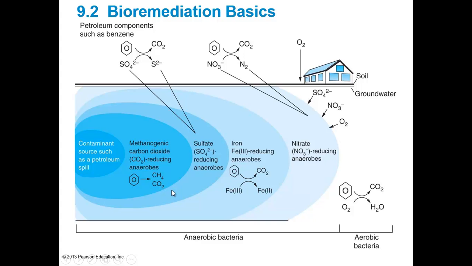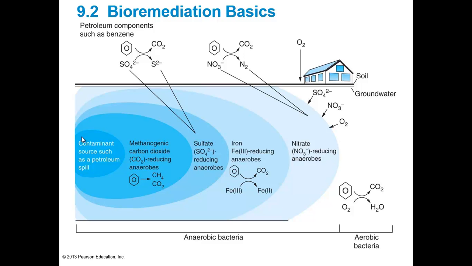And after all the sulfate is reduced to hydrogen sulfide gas, then you would have methanogenesis, where organisms produce methane. This doesn't show a real good reaction. Usually methanogenesis will reduce carbon dioxide, but the reaction chemistry is a little too complex to show on this very simple slide.